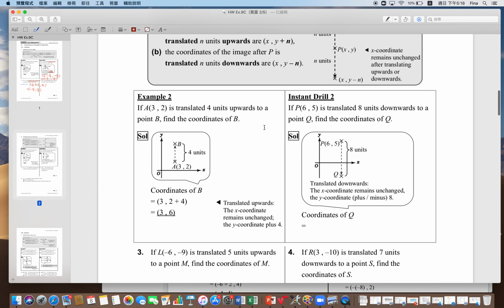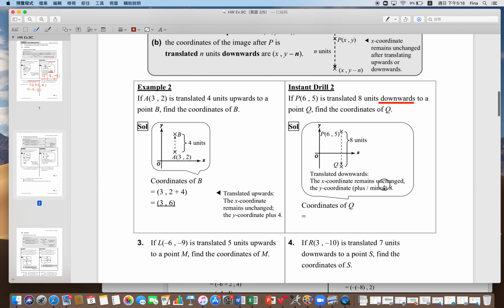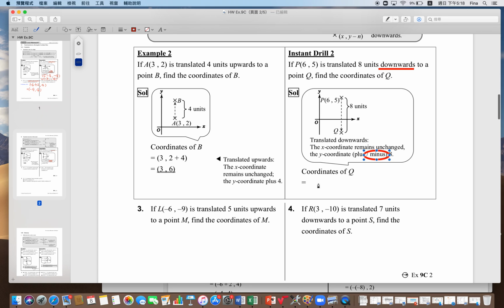And that's why here you can see that for drill 2, the point P originally is here, which is translated 8 units downward. So the y coordinate should be minus. And that's why for the coordinates of Q, keep the x coordinate unchanged. That means the same as the original point P, that is 6.